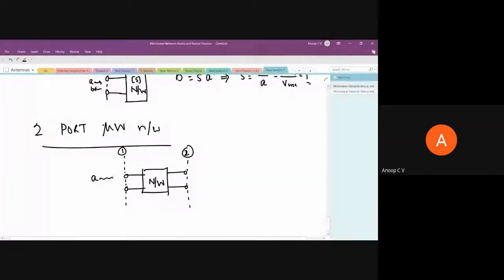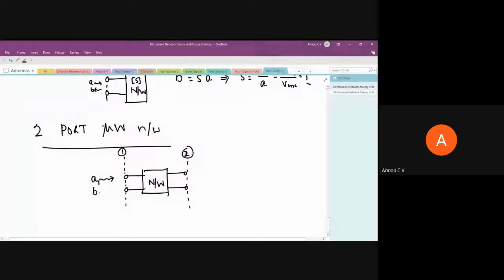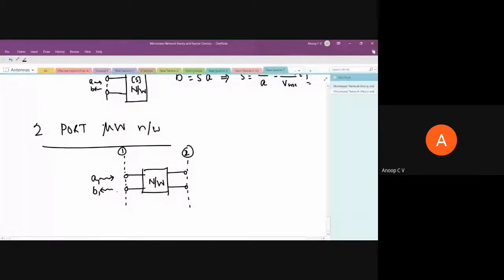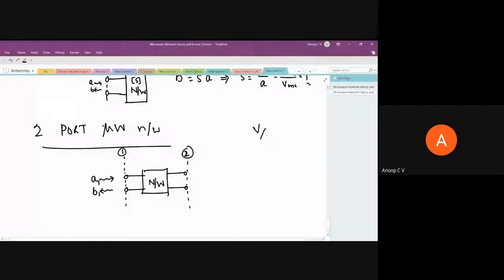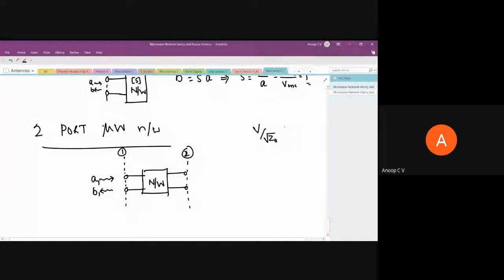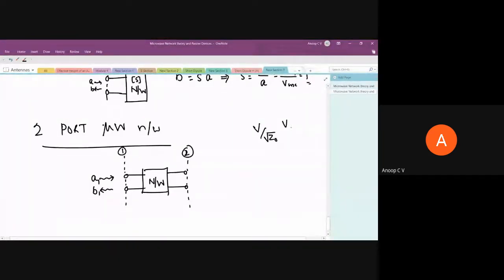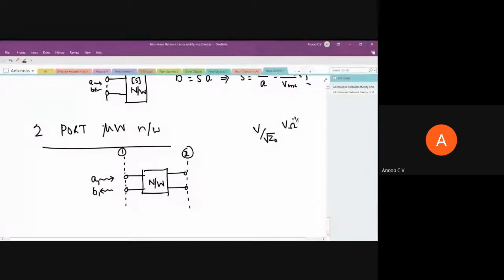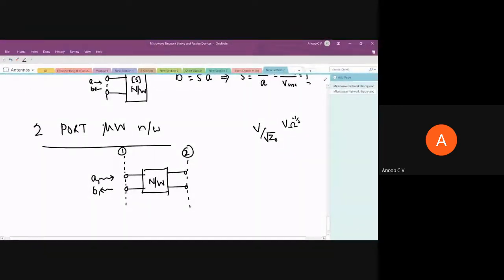A1 is the incident variable at port 1. B1 is the reflected variable. I can call it normalized voltage. When I say normalized, it is V by root of Z0, voltage normalized with the square root of the characteristic impedance, and the unit of A and B will be volt per square root of ohm, or volt ohm to the power minus half. So I may use normalized voltage, or incident variable or reflected variable, whatever it is.